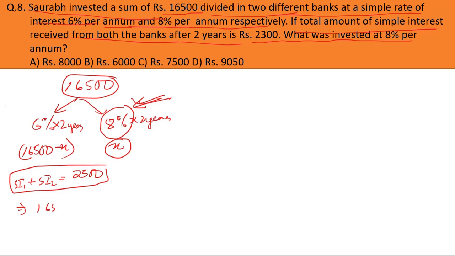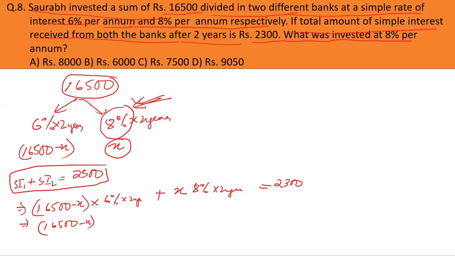Principal is 16500 minus X for one side into 6% into 2 years, plus simple interest for the other side is X into 8% into 2 years, equal to total 2300. So 16500 minus X into 6 into 2 by 100 plus X into 8 into 2 by 100 equals 2300.